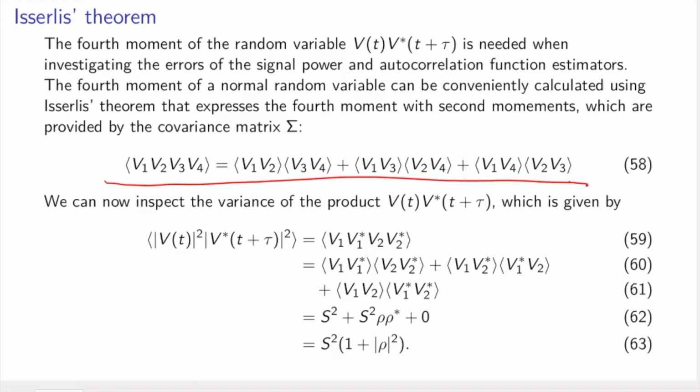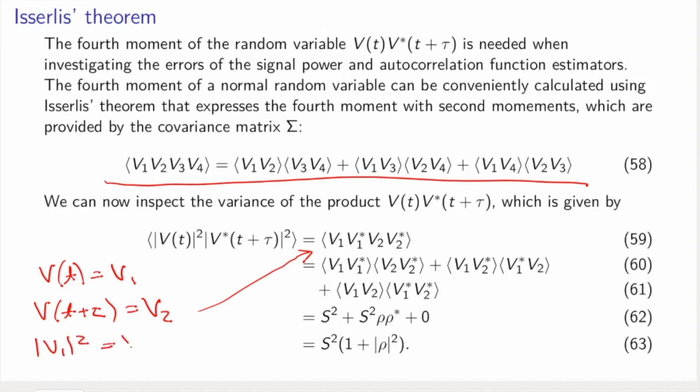For example, using this formula, we can evaluate the expected value of the magnitude of V of t squared times the magnitude of V of t plus tau squared, which is a four product. If we express V of t as V1 and V of t plus tau as V2, we get a four product because the magnitude of V1 squared is the same thing as V1 times V1 conjugated.